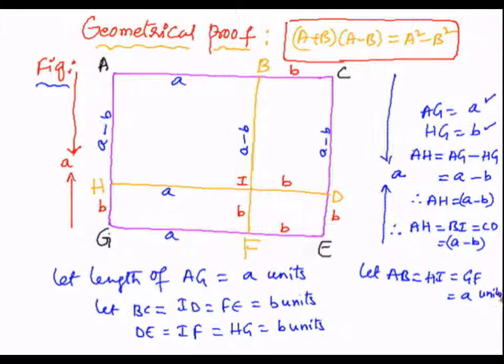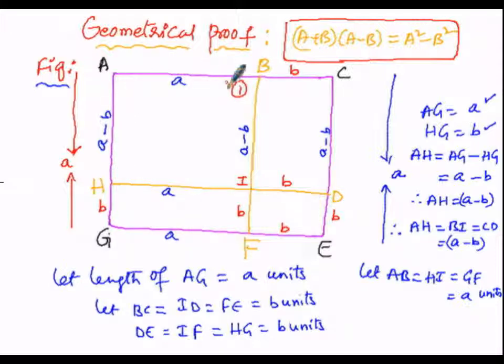Now in figure number 1, that is HIBA or ABIH, the adjacent sides are AB of a units and AH of a minus b units.